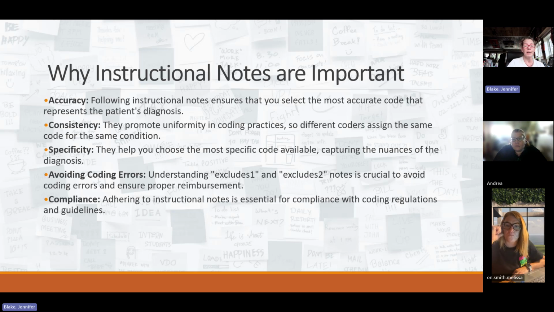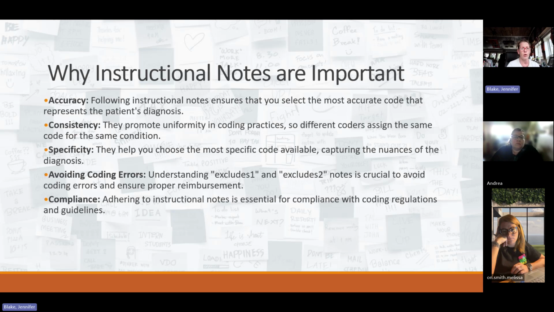Also, we're doing right by the patient when we're doing that, because the patient is going to maybe be involved in a study or a research grant. And that 1 or 2 digit difference on that code that we're doing can make or break if that patient gets into the study or doesn't. So we want to make sure that we are as clear and as specific as possible when we're getting those codes. That's why just 1 digit makes a big difference.